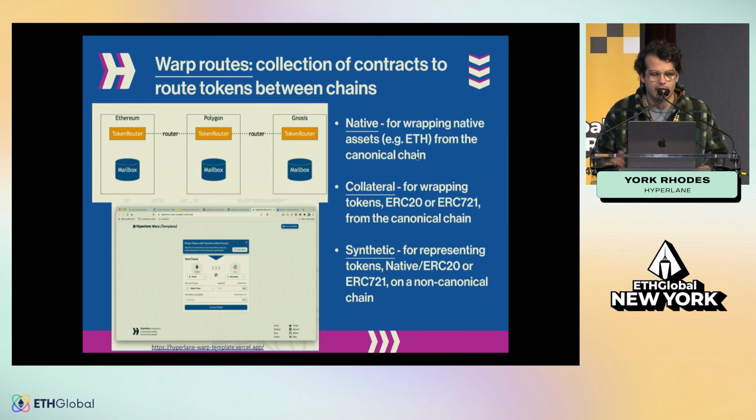I wanted to quickly highlight a few of the applications we've built on top of this primitive. So obviously token bridging, people like moving tokens around. We have a template application and UI that's a full stack solution for everything from interacting with our contracts on multiple VMs.